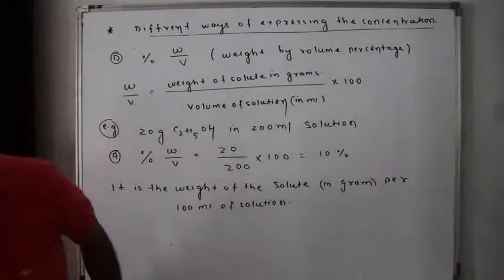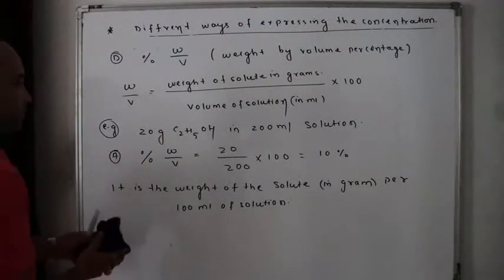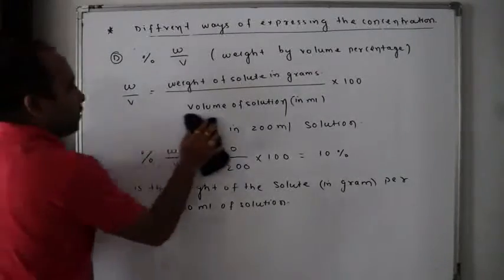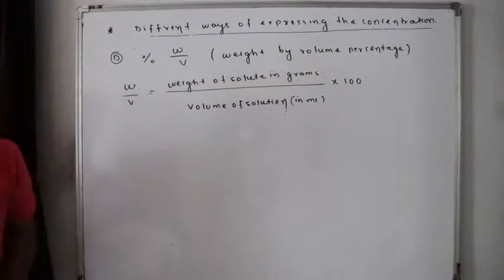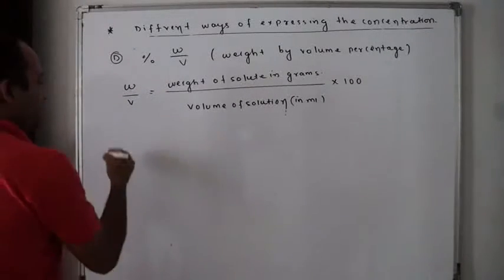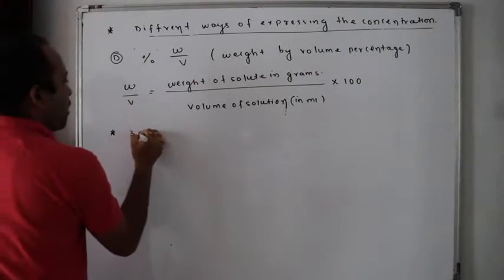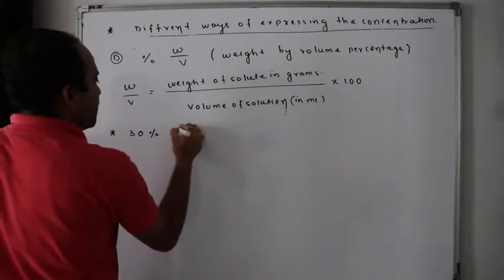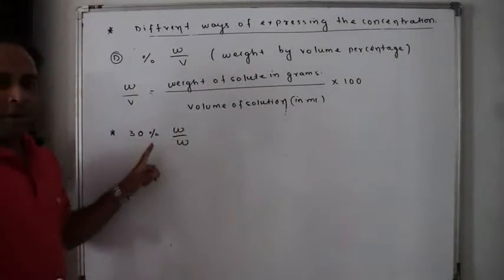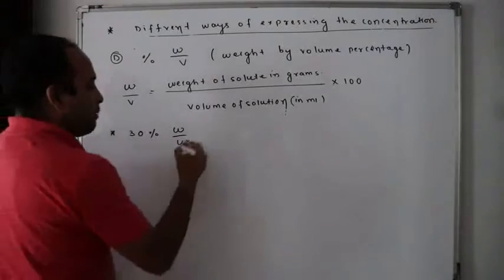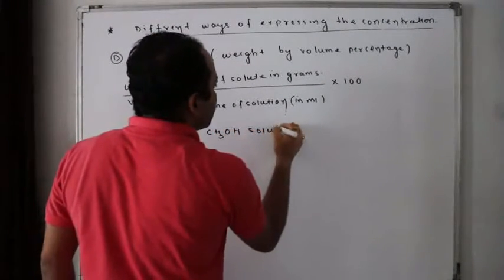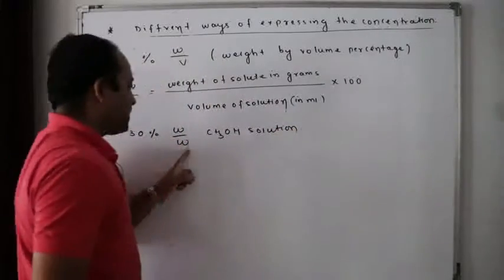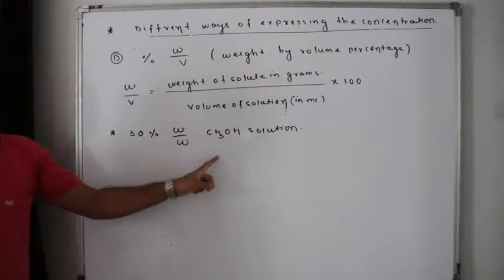Let me rub this and let me have a discussion on this. Please pause the video and copy. If I say you 30% W by W of methanol solution, what do you mean by this?